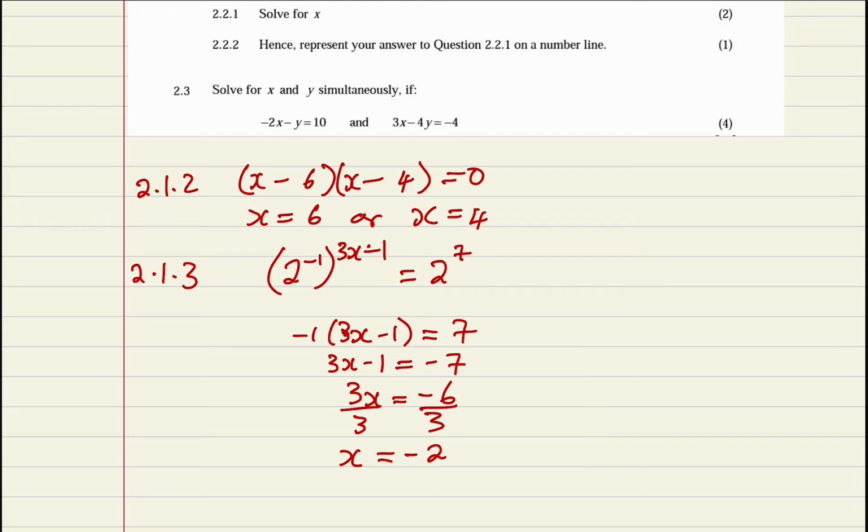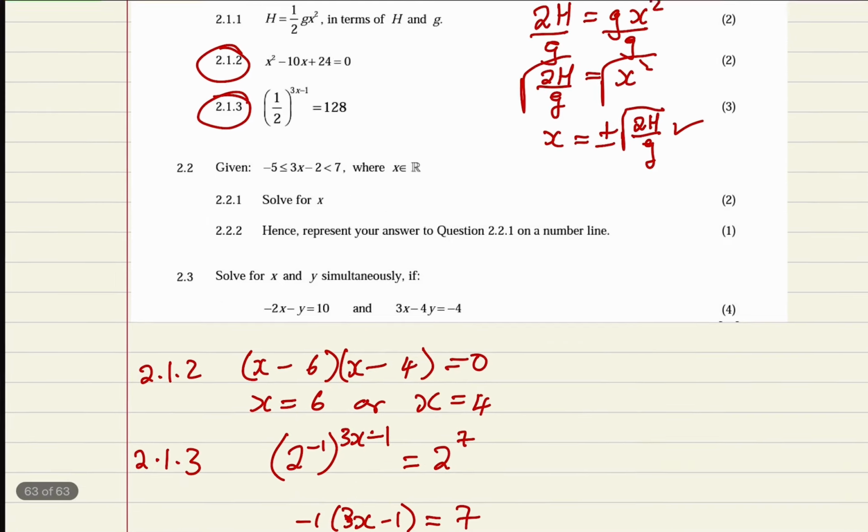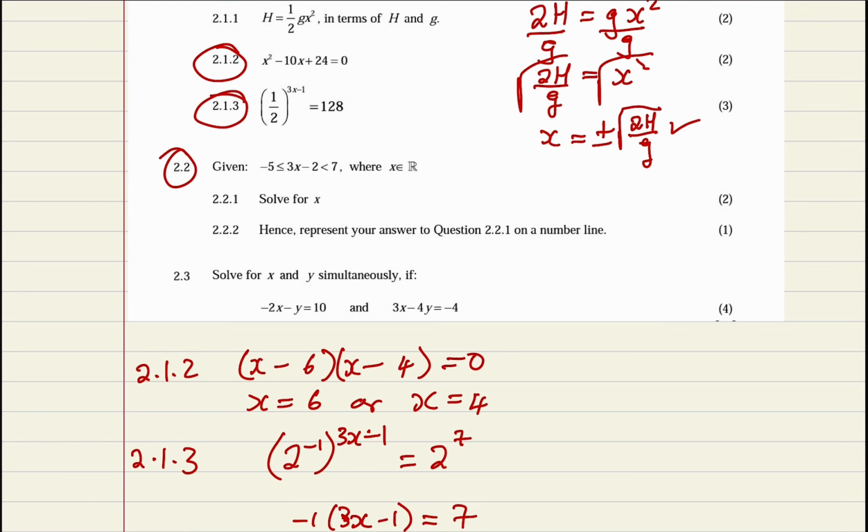Then from there, we continue. 2.2. We are given an inequality, solve for x. How do I solve for x then? I'll have 3x minus 2, this is between negative 5 and 7.